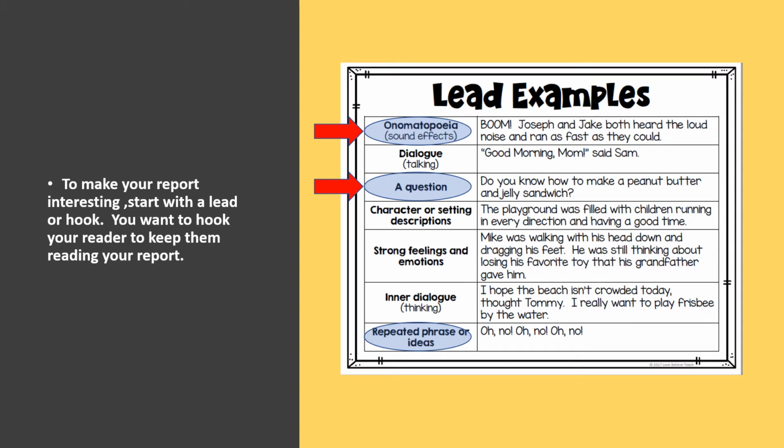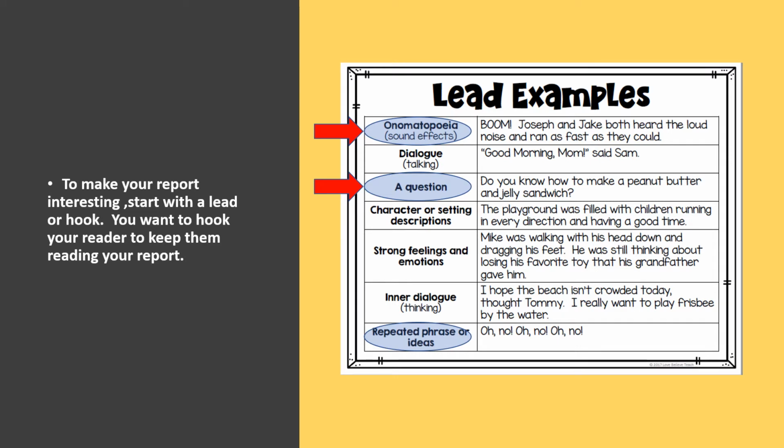So you could ask a question about your animal. Did you know that a whale eats tons of krill each day just to make sure that it's full? You can start with a question, and that'll help the reader either understand your topic or it may wow them to want to keep reading more.